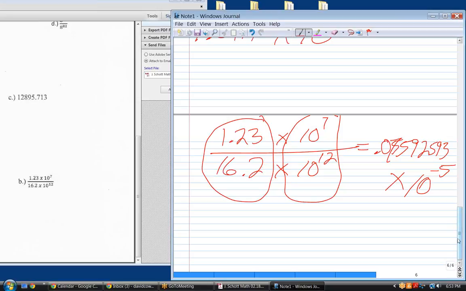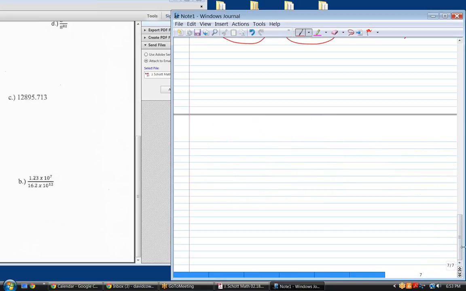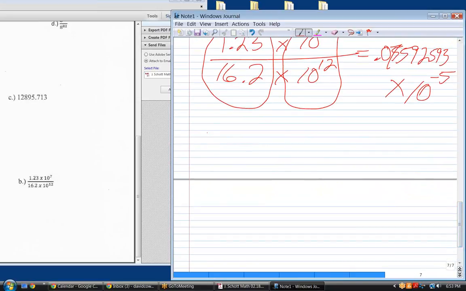So now we have to take this number and turn it into scientific notation. The number we have is, tell me if I wrote this down right. Yeah. Okay. So let's turn that into scientific notation. So what's the first part going to be?